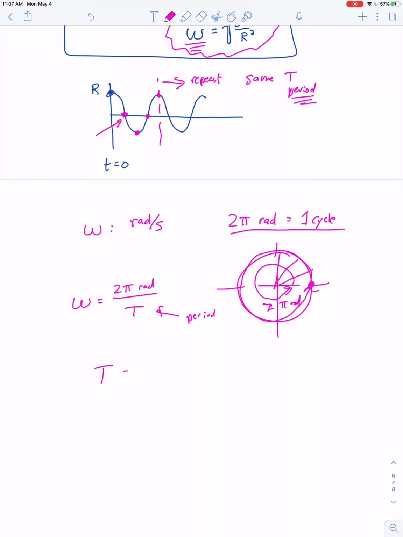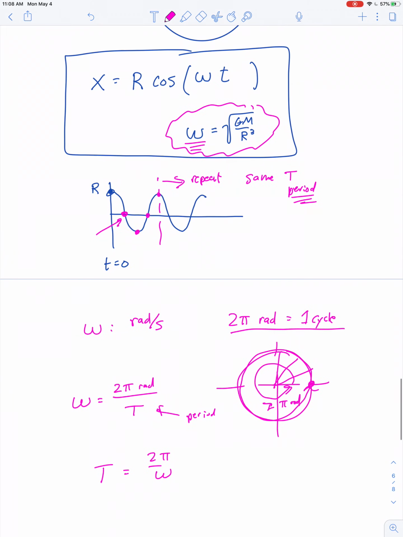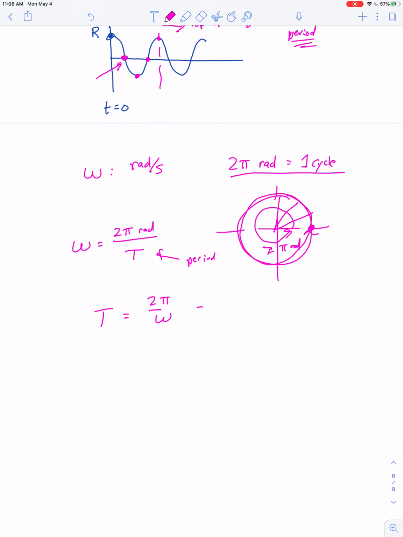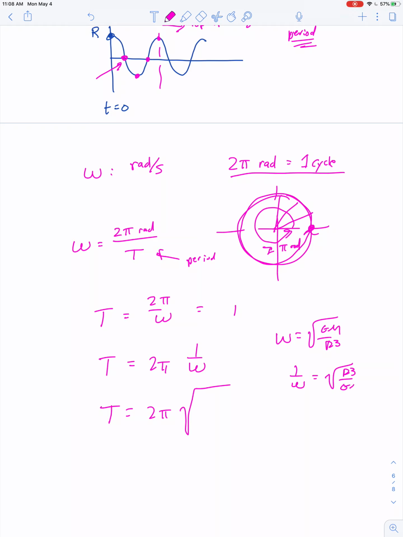And so the period is equal to 2 pi divided by omega. For us, omega is the square root of gm over r cubed. So another way to express this is to say T is equal to 2 pi times the inverse of omega. So T would be 2 pi times the square root of, well, if omega is the square root of gm over r cubed, then the inverse of omega is the square root of r cubed over gm.